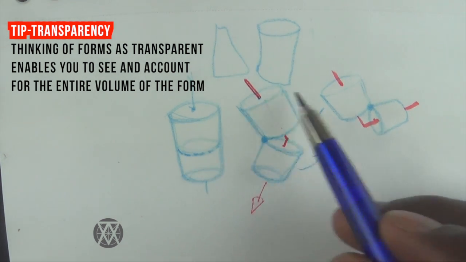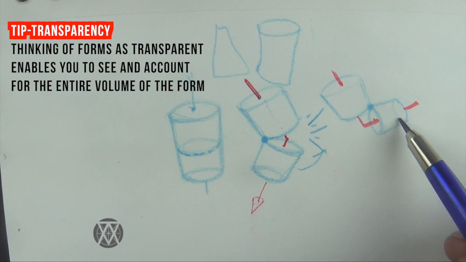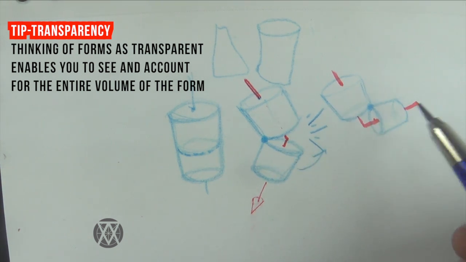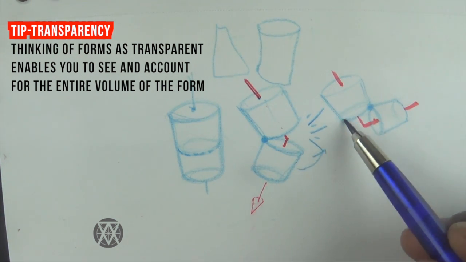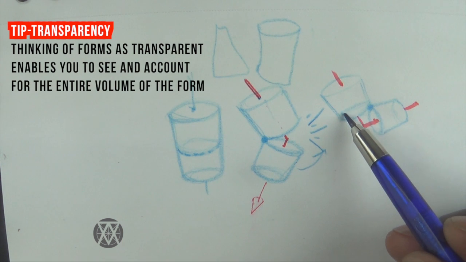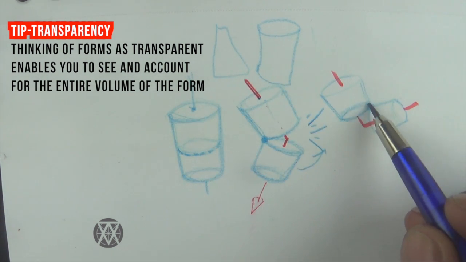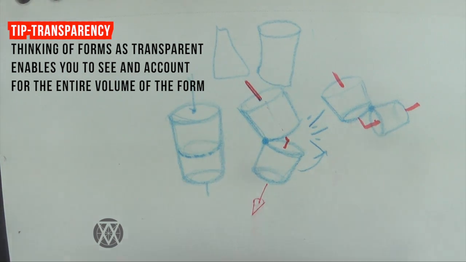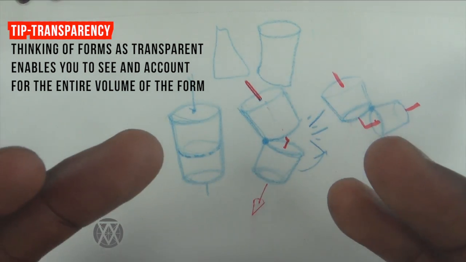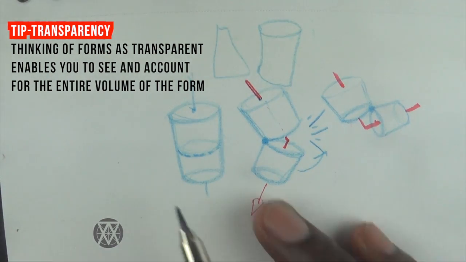Think of the form as being transparent, almost like they're made of glass. So I may not emphasize the far edge, but I should be able to sense it. It's very important with maintaining volume and mass, and you'll see that play out as we go along.